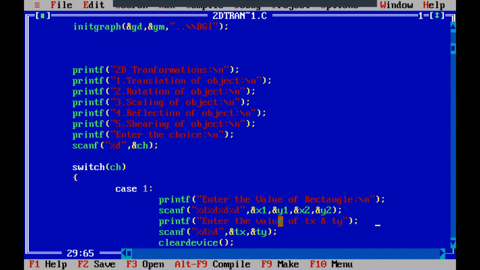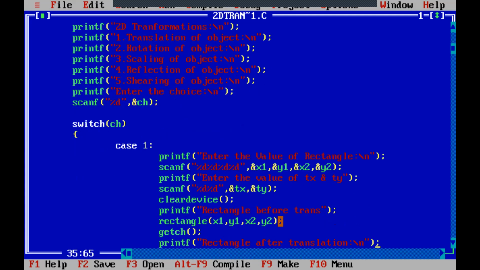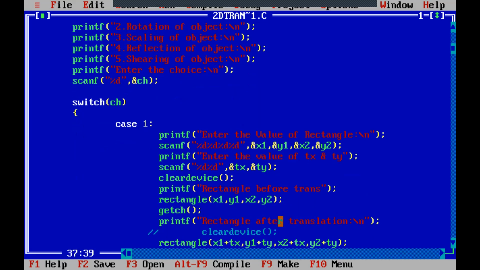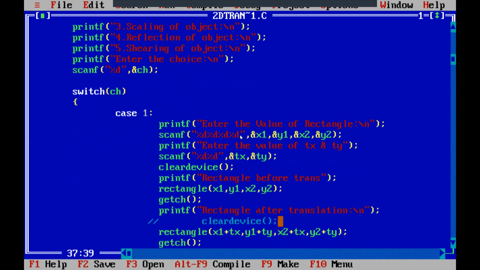That will give you the transformation, that is addition of tx to x and addition of ty to y.